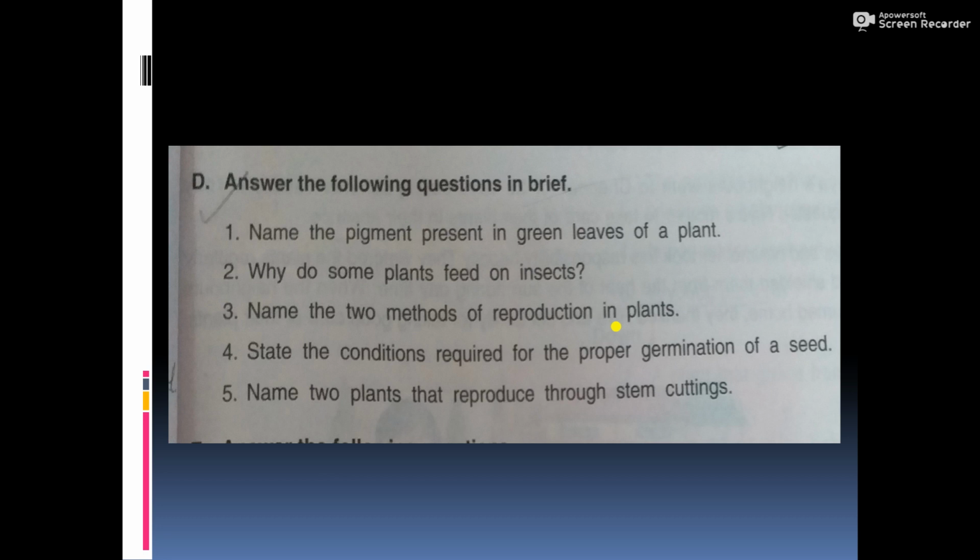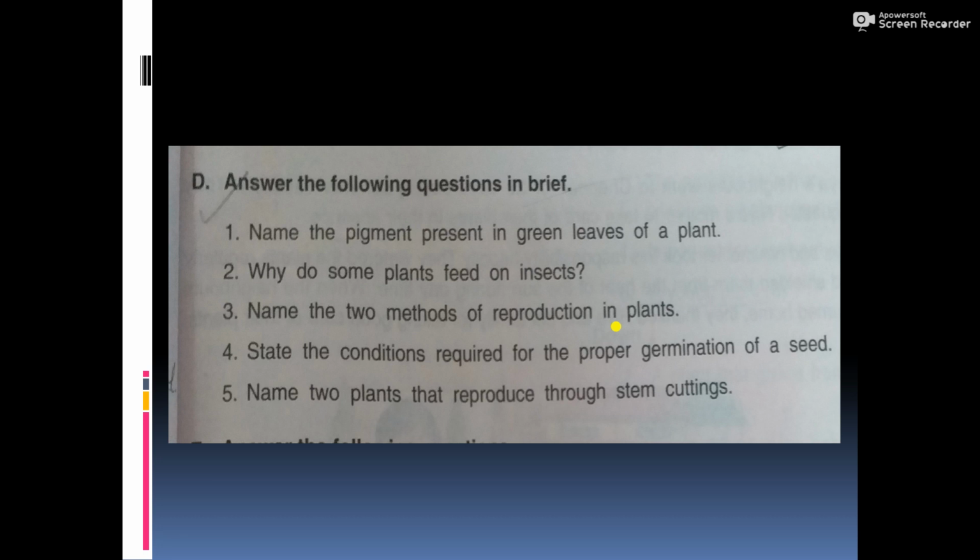First was the fill in the blanks that I discussed in the previous video. So dear children, see part D, questions 1 to 5. I am reading the question and just explaining. After that the answer will be given in the next slide.